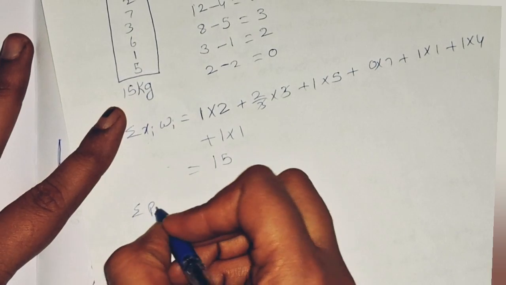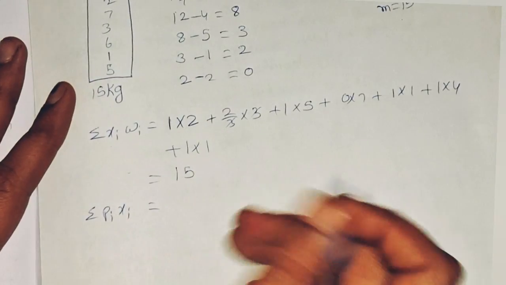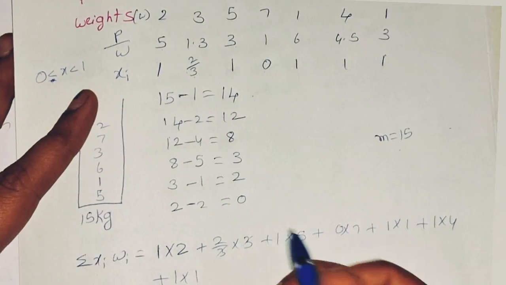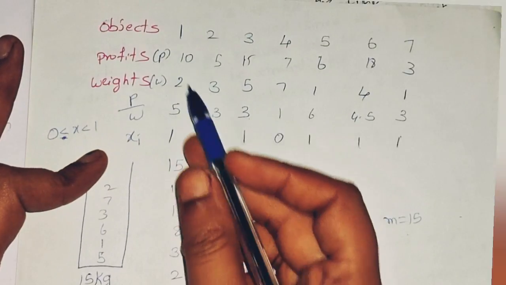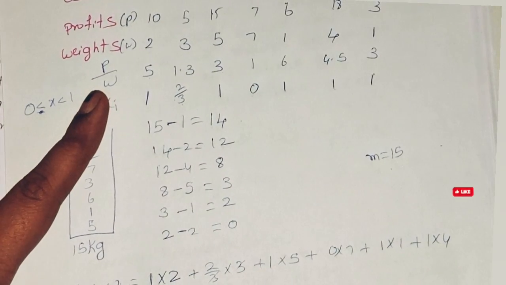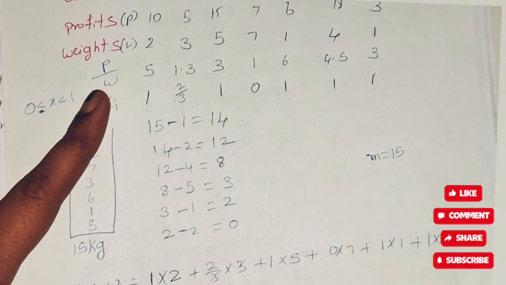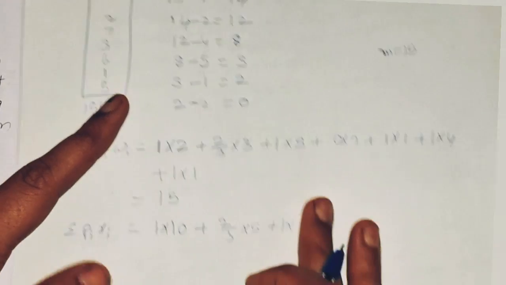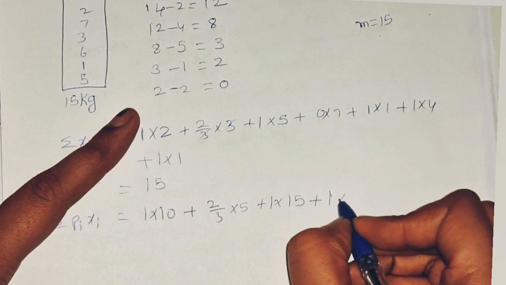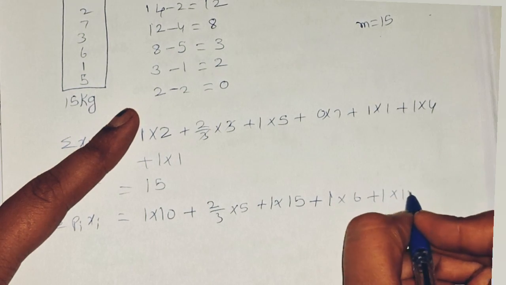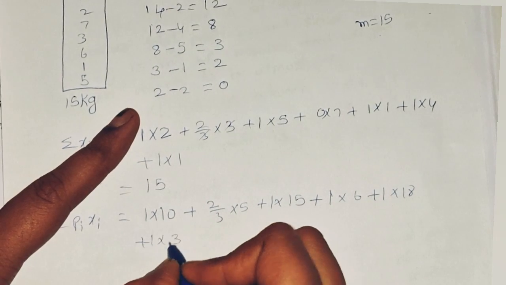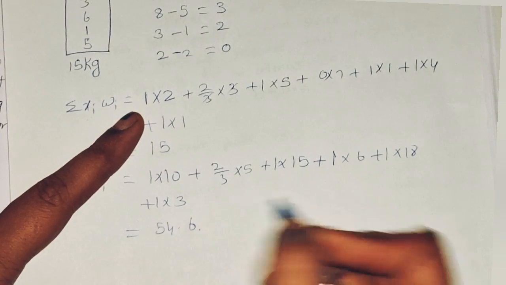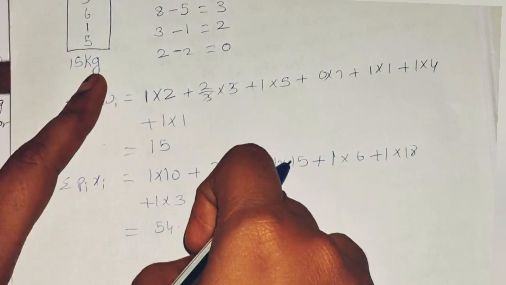So the profit here is 1 into 10 plus 2/3 into 5 plus 1 into 15 plus 1 into 6 plus 1 into 18 plus 1 into 3. That equals 54.6. So this is the maximum profit here.